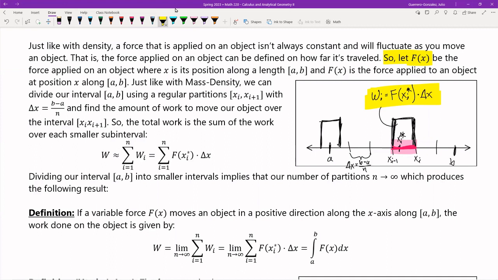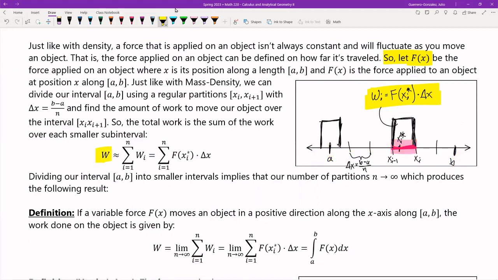So it stands to reason that if I wanted to move my box all the way from A to B, then I can grab all of my works for each little subinterval, add them all together, and I get my entire amount of work for moving my box from A to B. That is exactly the argument here.